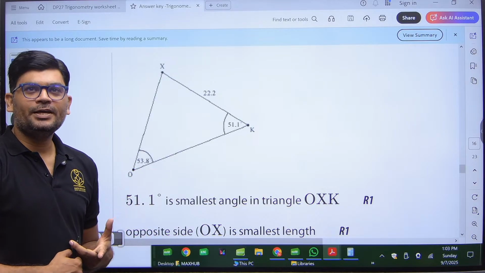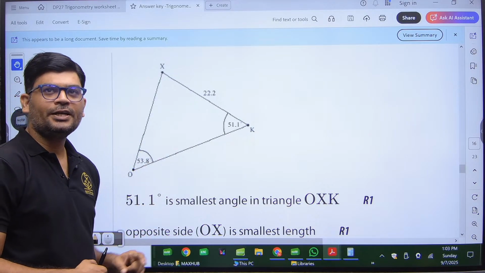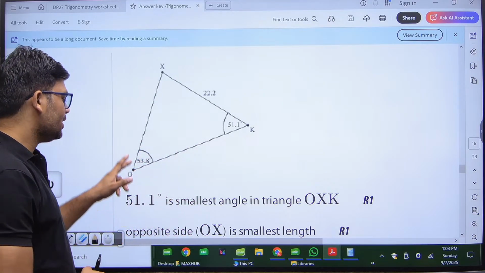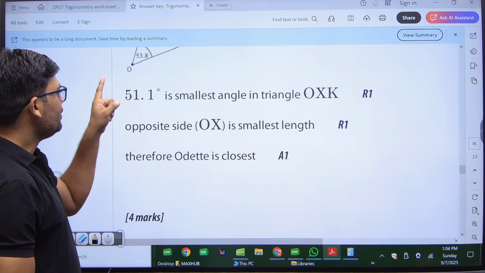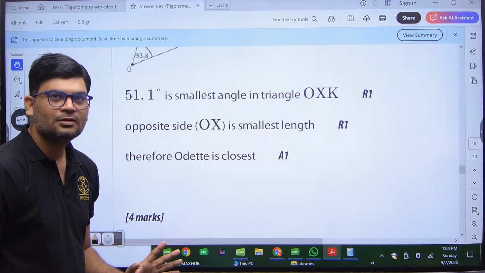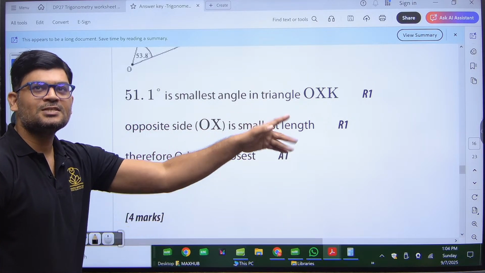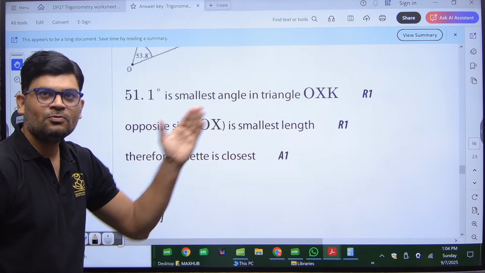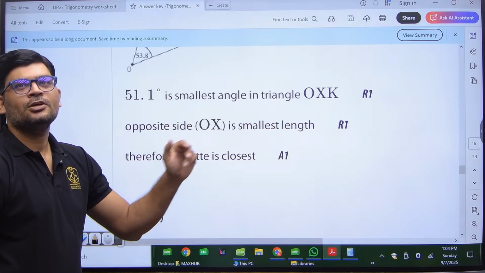So which side will be greater, the side in front of 53 degrees or 51 degrees? 53. So that's the logic that they are using. They are saying 51.5 is the smallest angle in the triangle, so the opposite side OX is the smallest in length. Reason 1, reason 2, and therefore ODIT is closest.